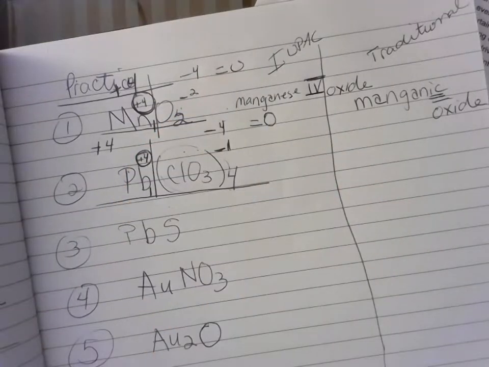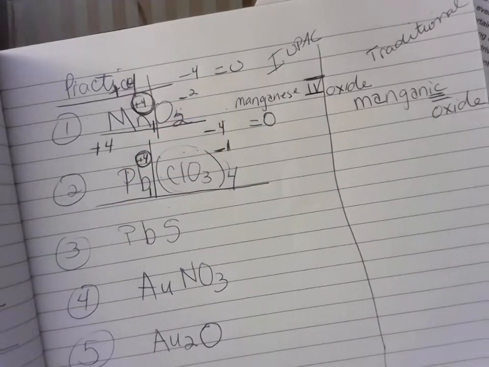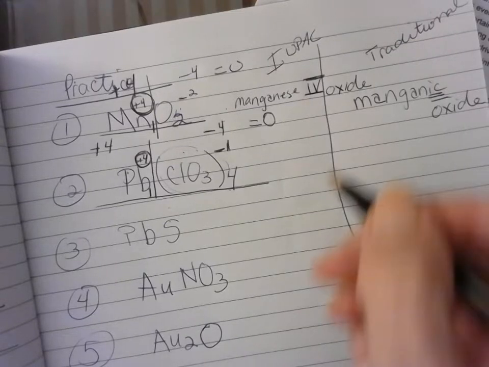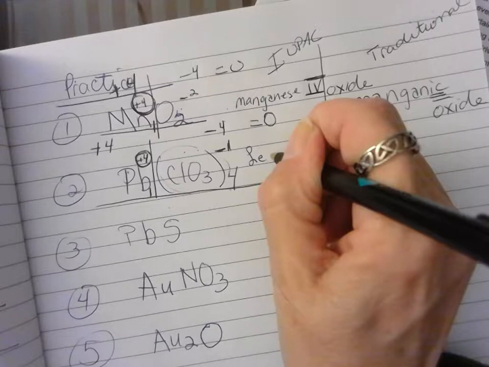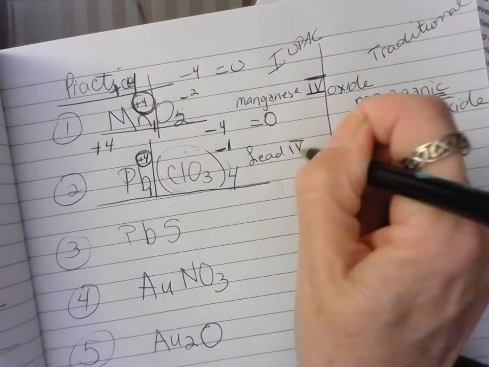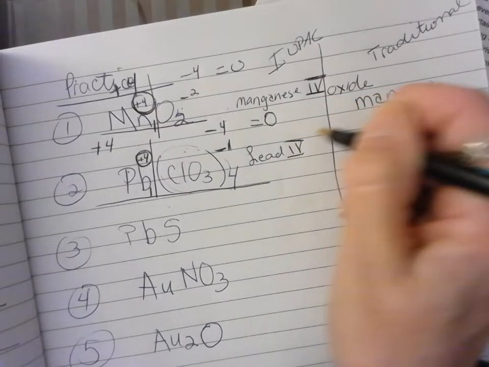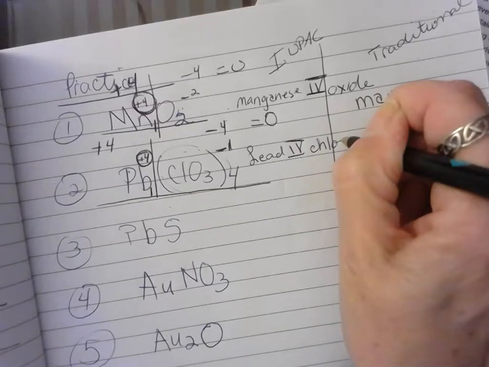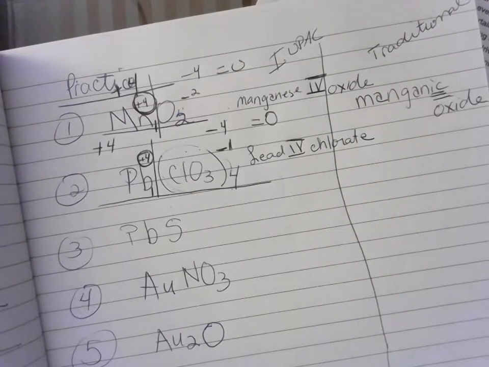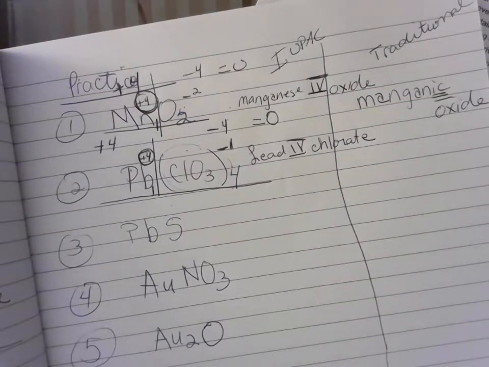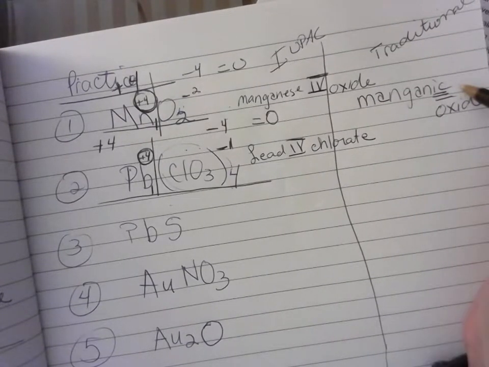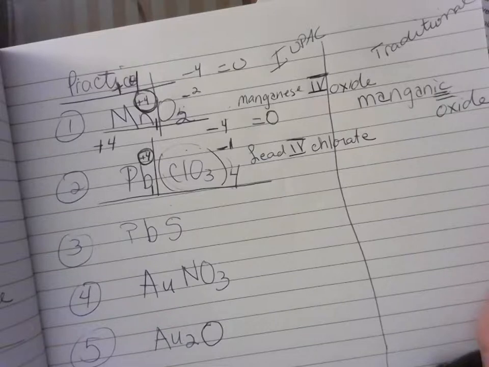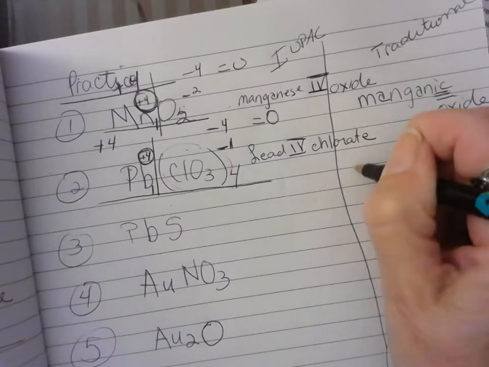That means that the IUPAC name is going to be lead 4 chlorate. Now, the traditional name, again, we have the higher charge because it's +4, so it would be plumbic chlorate.